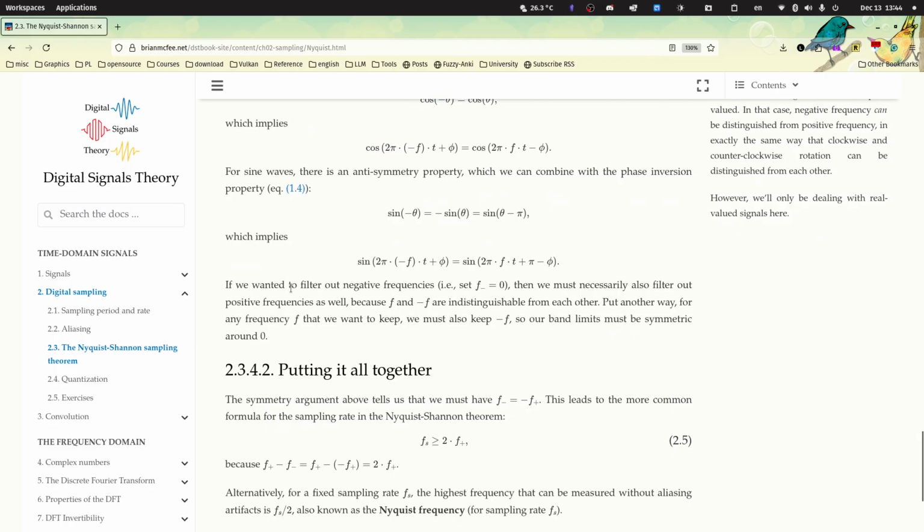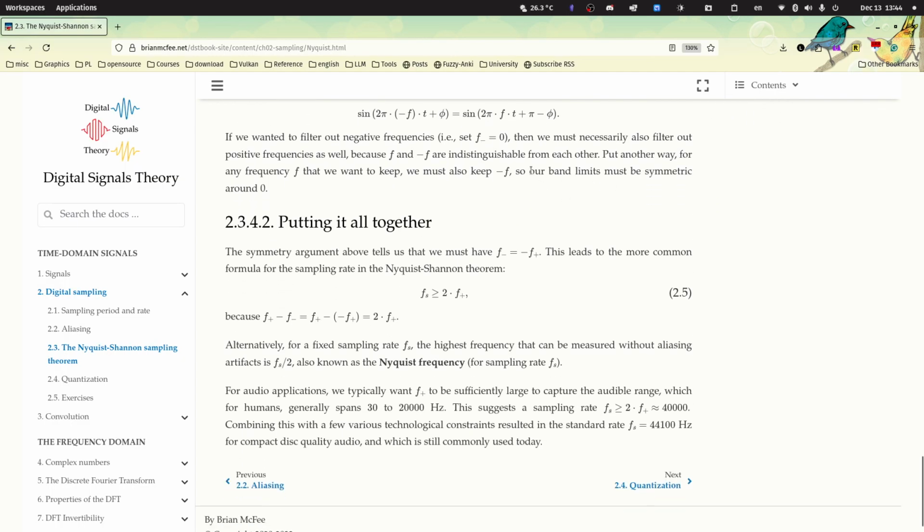So if we want to filter out negative frequencies, we must necessarily also filter out positive frequencies as well, because f and minus f are indistinguishable from each other. So our band limit must be symmetric around 0.